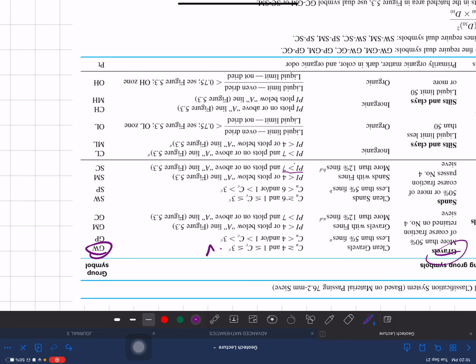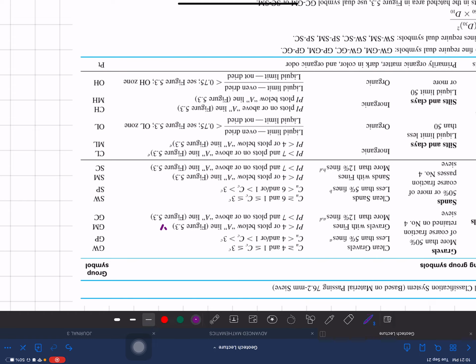As easy as that. Sir, what if it's like this? There are cases where the soil satisfies this, this, this, and this. It means the classification of your soil is these four, so you write GW-GP-GM-GC. In the USCS, it is okay to have two or three soil classifications.